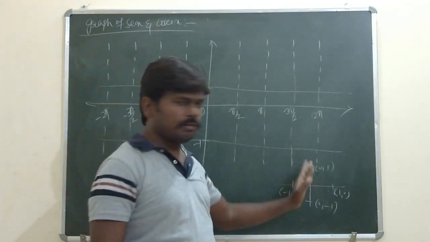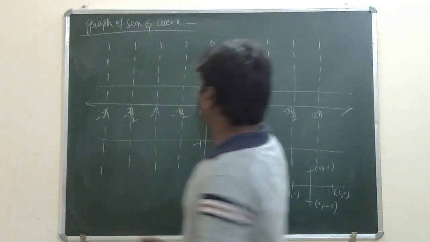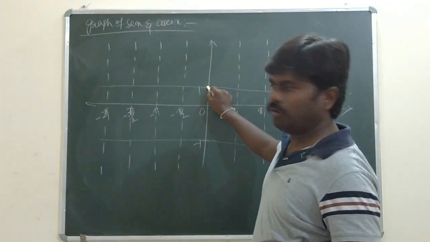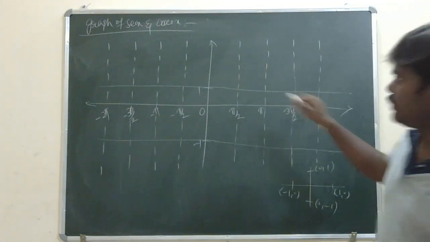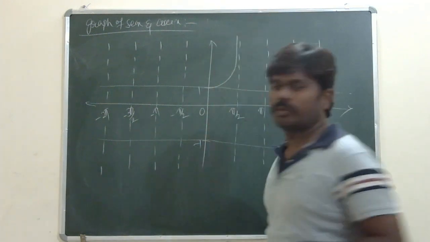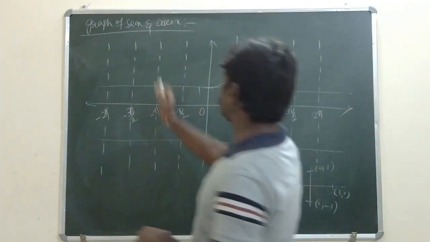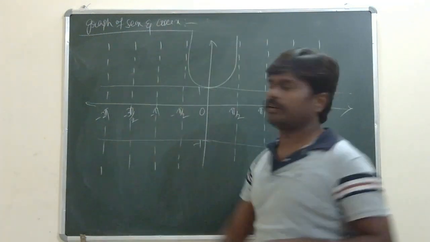It is decreasing but the reciprocal will increase. Because we are deciding based on the cos function, it will increase. Even when you are taking minus pi by 2 also, it will increase like this.